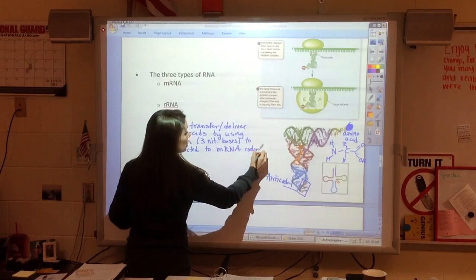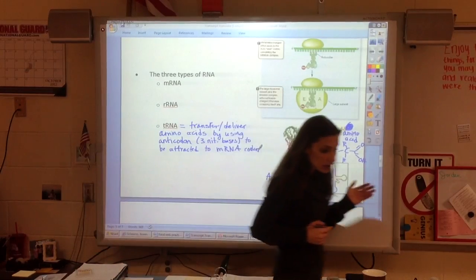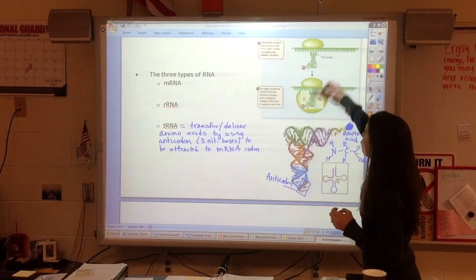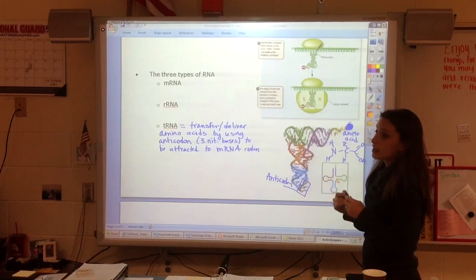So it turns out we're going to use base pairing in translation as well. The anticodon that's here will be attracted to a codon on the mRNA.